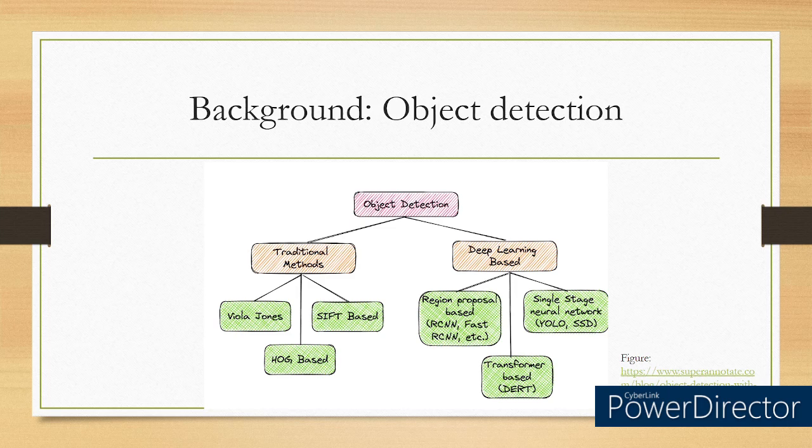SIFT extracts and describes local image features that are invariant to scale, rotation, and affine transformations. SURF is an improved version of SIFT, offering better efficiency and scalability to handle larger images. The last traditional method is HOG, which focuses on capturing an object's structure or shape by examining the orientation of gradients in local regions of an image.